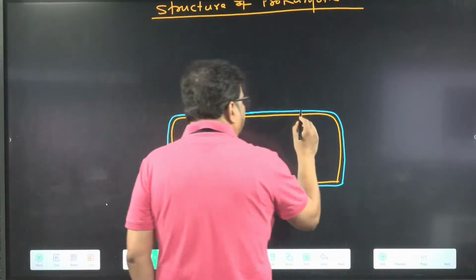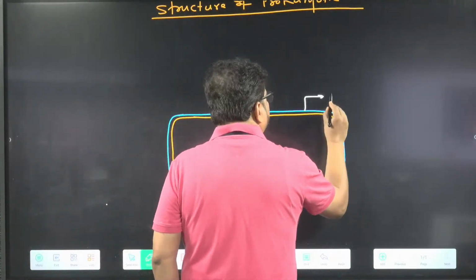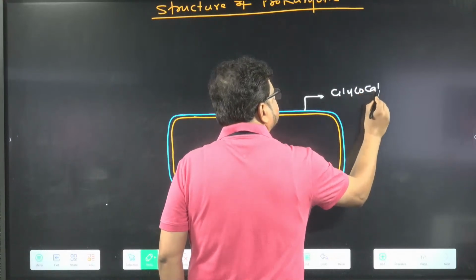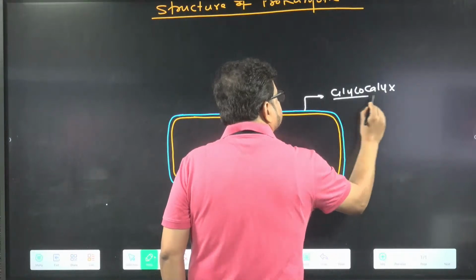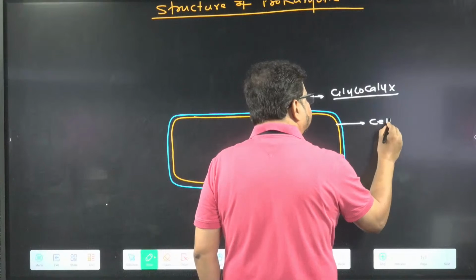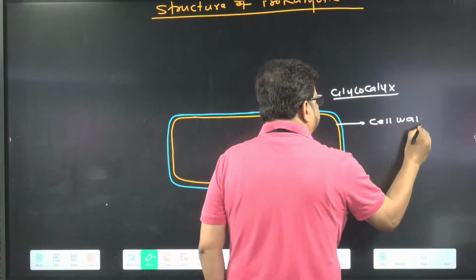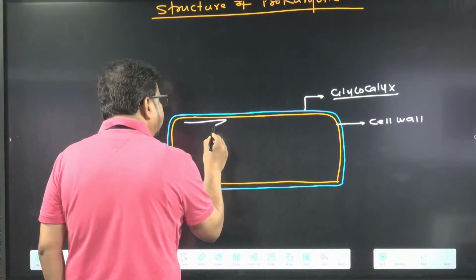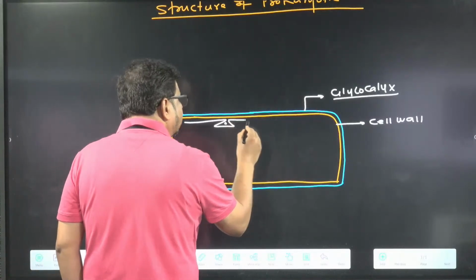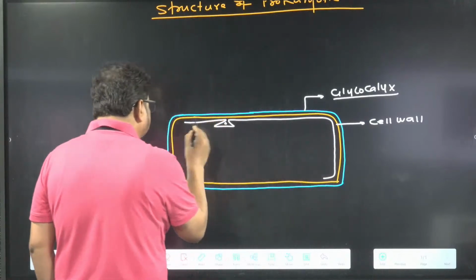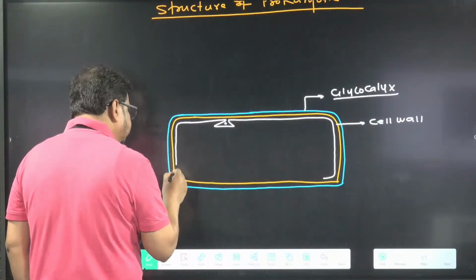The outermost layer of the cell envelope is called glycocalyx. Second from outside is called cell wall. And the innermost layer of the cell envelope is called plasma membrane.